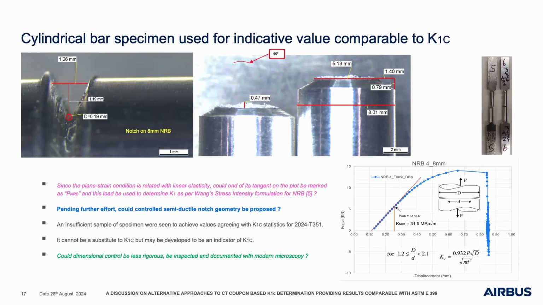Yes, you do see some ductility around the fringes, while the center is shown to be brittle. We have to establish some specific conditions around which a test is valid, but the principle is that there is a simplistic way of manufacturing specimens and obtaining a value that is representative of the K1C value, we believe.